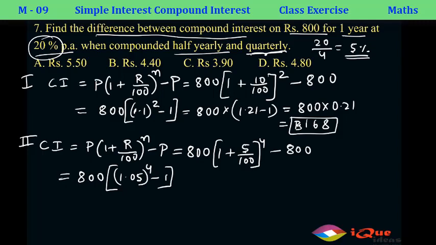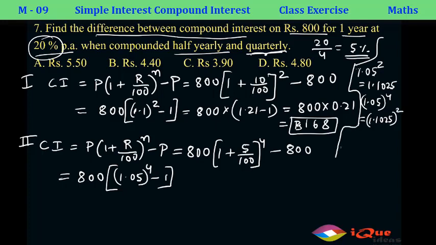Now look at this carefully. We know that 1.05 square, I'll do the calculation here, is equal to 1.1025. So 1.05 to the power 4 will be equal to 1.1025 whole square, and you will have to calculate the whole thing properly, and this will be approximately 1.21550625.